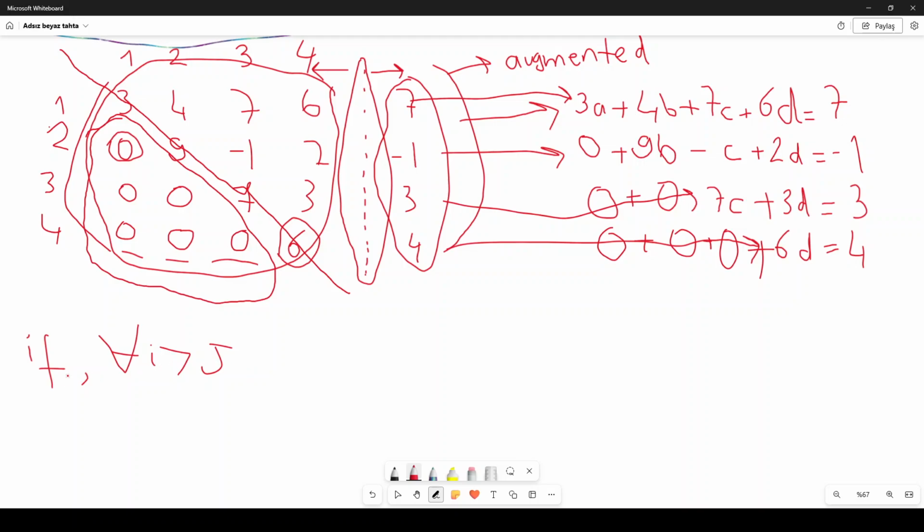Technically, this means if for all i greater than j we have a_ij equal to 0, then this kind of matrix is called an upper triangular matrix.